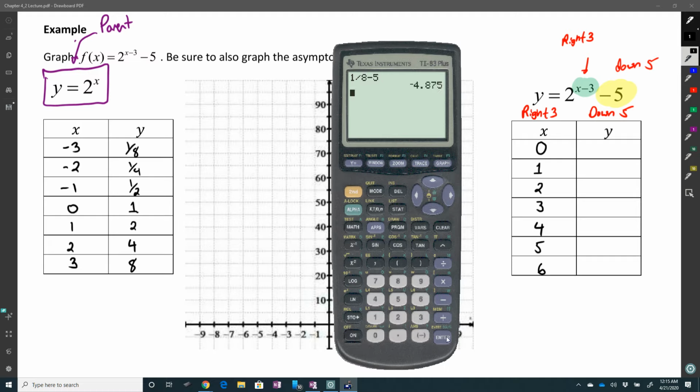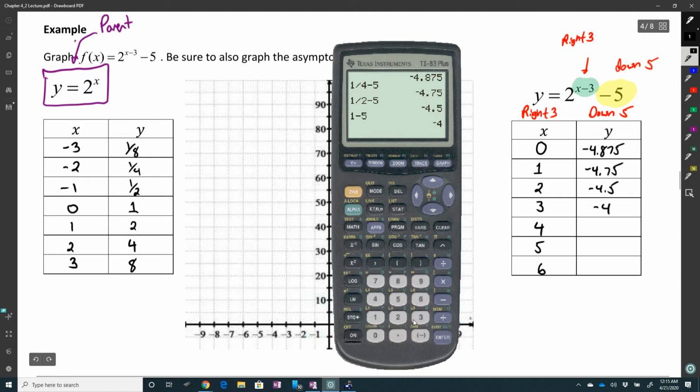1/8 down 5, negative 4.875. 1/4 down 5, negative 4.75. 1/2 minus 5, negative 4.5. 1 minus 5, well, that one's easy, but just for the sake of typing it in, negative 4.